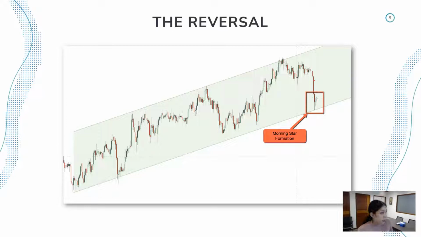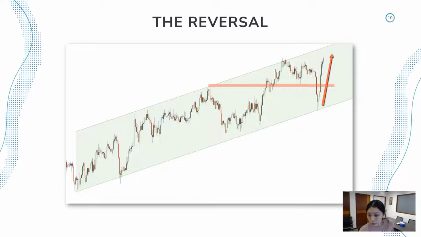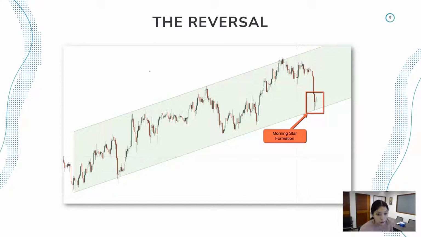As you can see, the price is slowly dropping against this bullish channel, and price not only reaches our channel support, but also forms a very nice formation. This also gives us increased confidence that price is going to bounce from this level. As you can see, it is very near to the supporting level of the bullish channel.